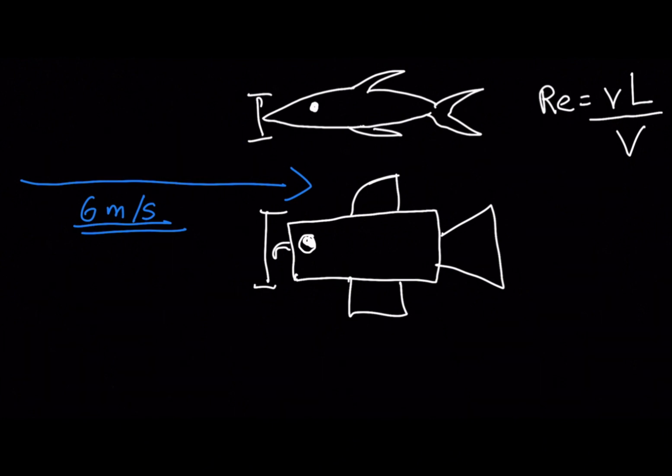And once we plug a smaller number into this equation to solve for Reynolds number, we're going to get a much smaller Reynolds number for the more streamlined fish compared to the bulkier fish. So this basically represents how a smaller Reynolds number means that the more streamlined fish is going to use less energy and is going to be more efficient when it comes to treading through this water.